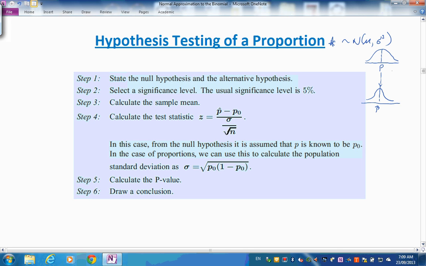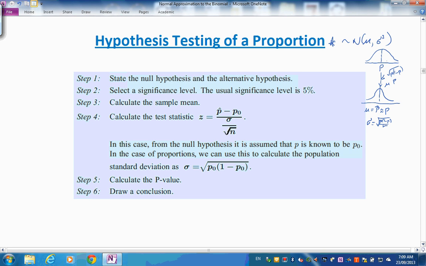Up here this would be root p, 1 take p, and a mean of p, and down here p is going to be an approximation of our population proportion, and the sigma is going to be square root of p, 1 take p on n, or sigma on root n. Same idea here as what we did before.